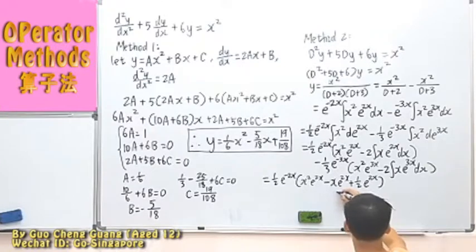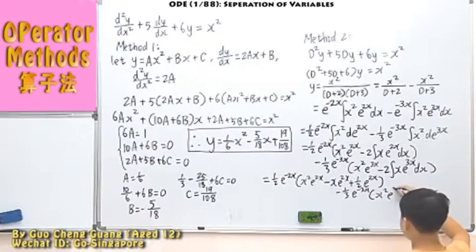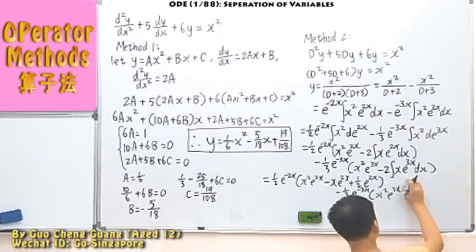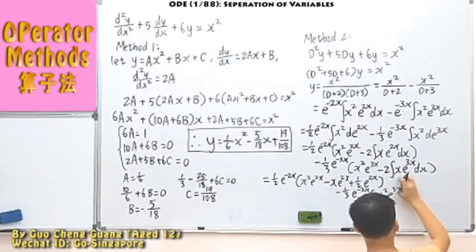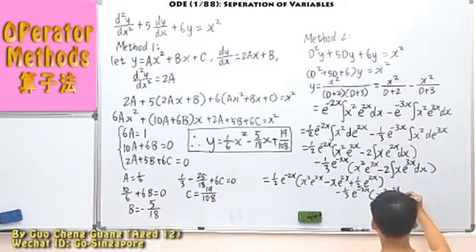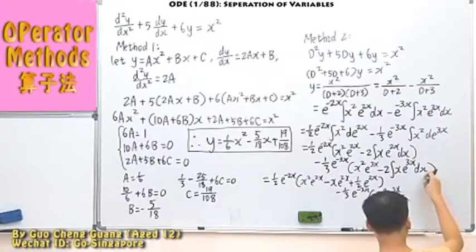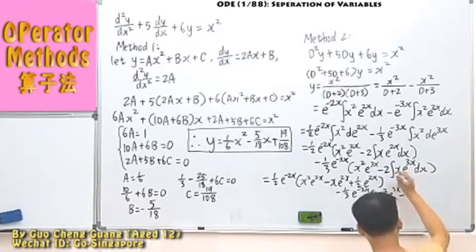Okay, the next part for here still subtract 1/3 e to the power of negative 3x. First part is the same. Then after that here, 2. So x, then e to the power of 3x. So for that part, e to the power of 3x, you need to put inside the dx. So you need an extra 1/3.